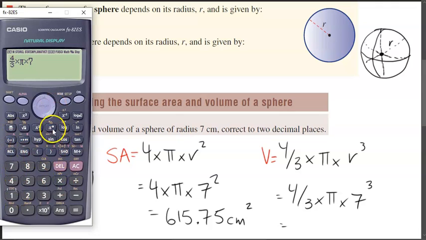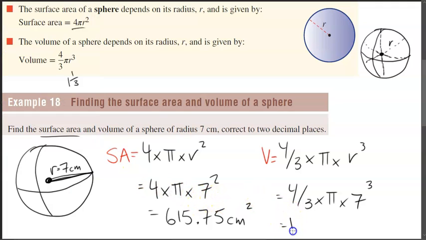Now if you want to put a different power, just press this button here, shift 10 to the power x, and put that 3 there. Execute that, and we get 1436.76 centimeters cubed. That is all there is to it.